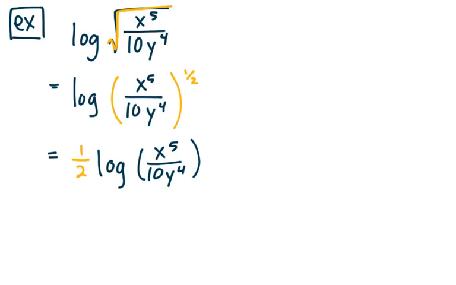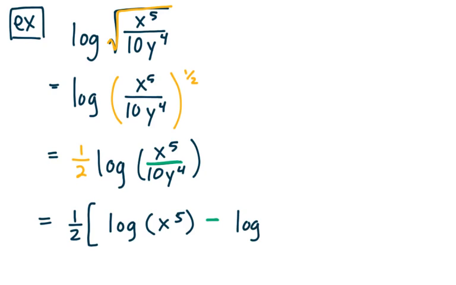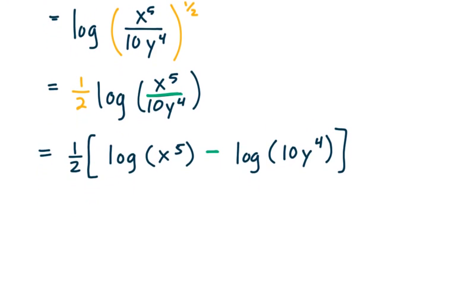Okay, so looking at our argument, I see I have a quotient in there. And dealing with the quotient rule, that means I can separate this into two logs. Log of the numerator, x to the 5th, minus log of the denominator, 10y to the 4th. All right, as we did in the last one, we still have a product in here.